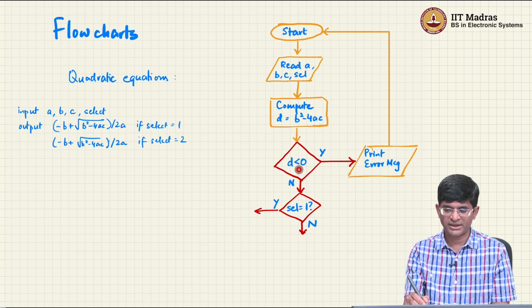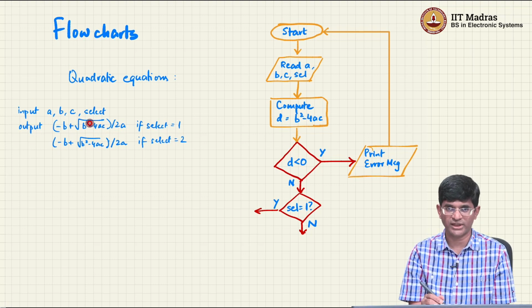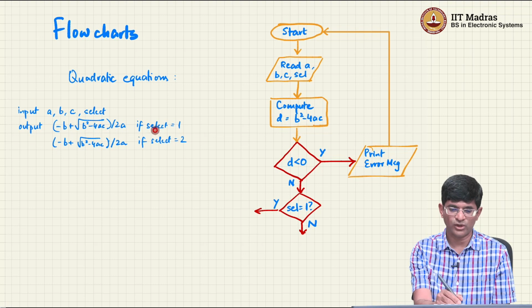Now anyway, assuming that d is greater than or equal to 0, that is, the condition is satisfied over here, I need to check one more condition. What is that condition? I know that at least I can find the roots of the equation, there is no problem there. But now I need to know which one is being asked for. Am I asking for the first root or the second root?